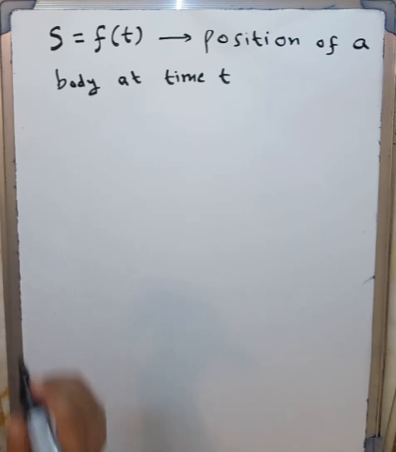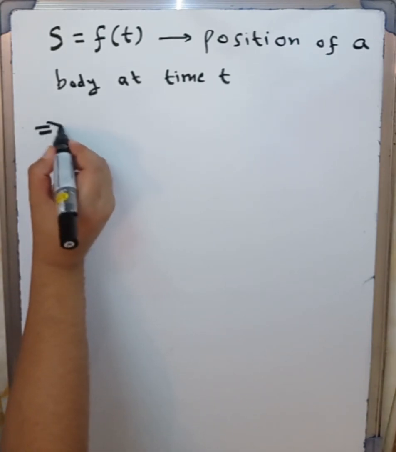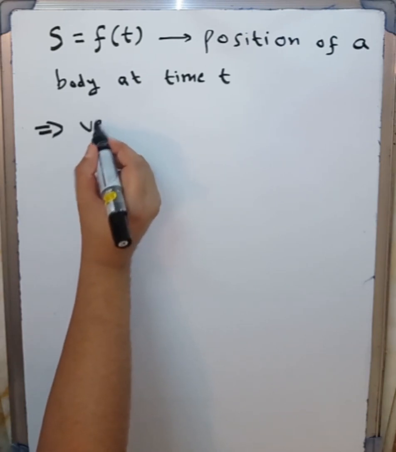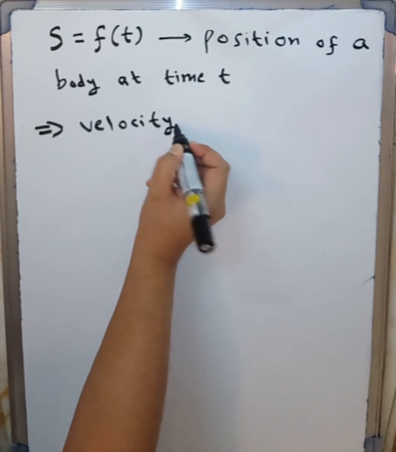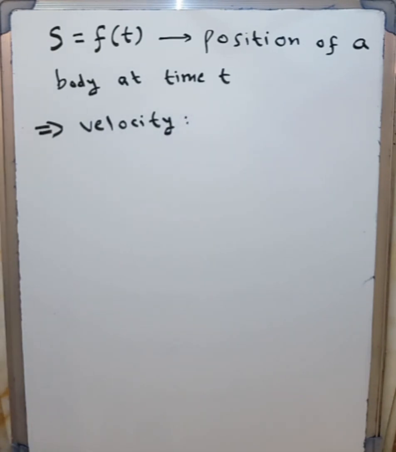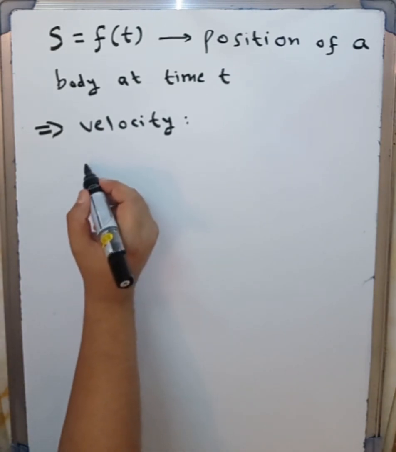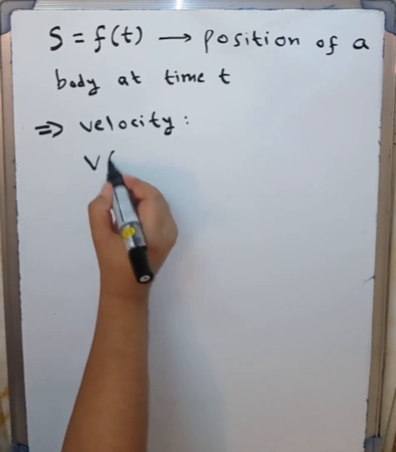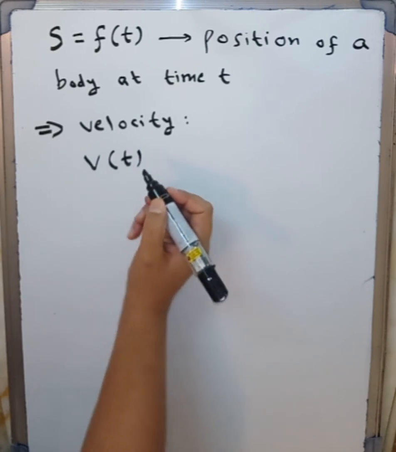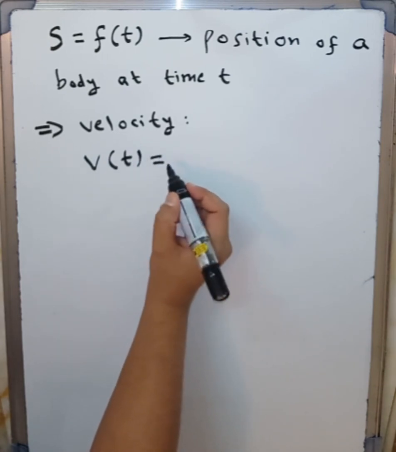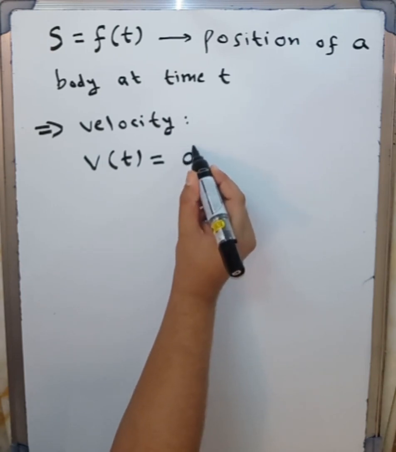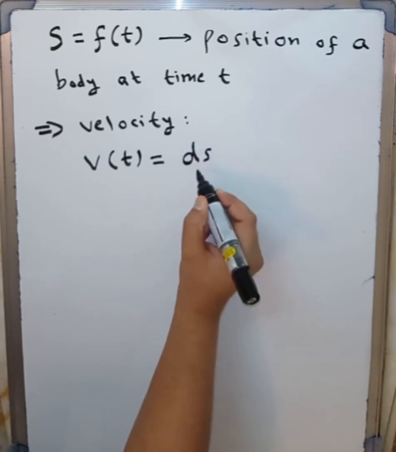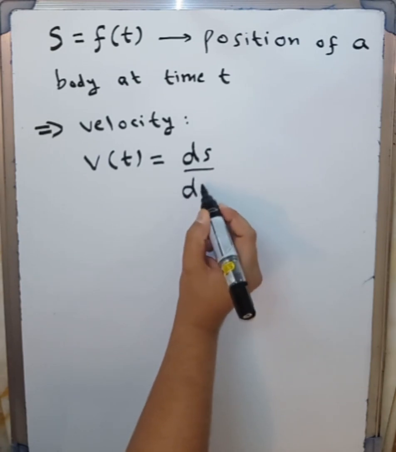In this case, the velocity of the body at time t is given by V(t) is equal to ds by dt.